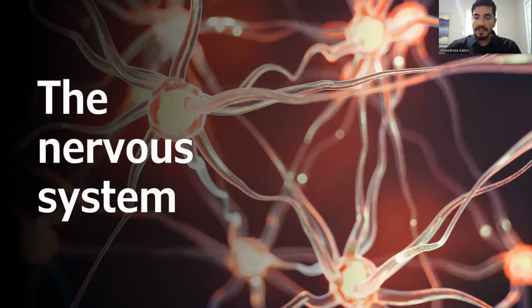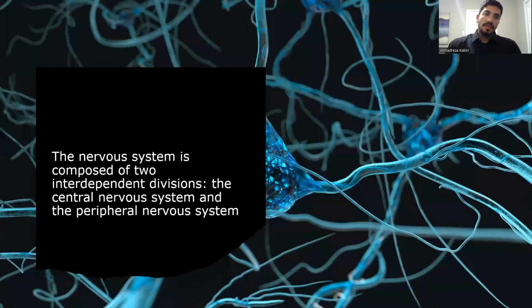The nervous system. The nervous system is composed of two interdependent divisions, the central nervous system and the peripheral nervous system. The central nervous system includes the spinal cord and brain, and the peripheral nervous system connects the rest of the body to the central nervous system.